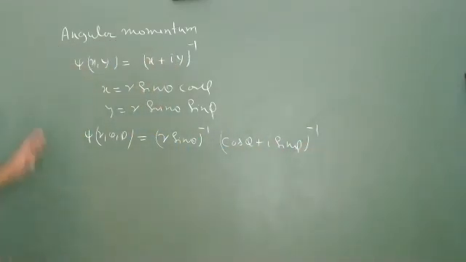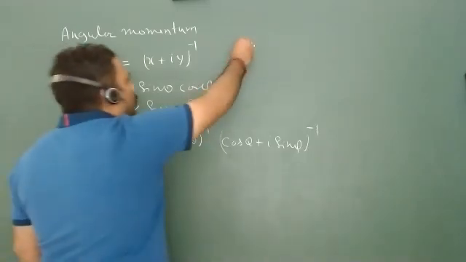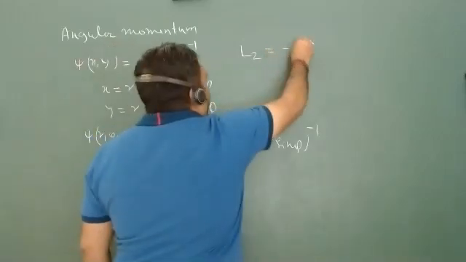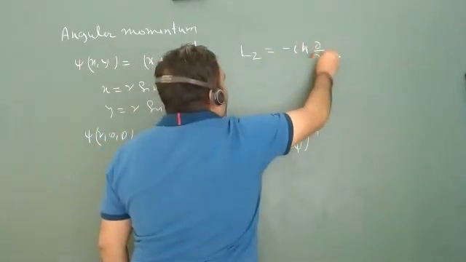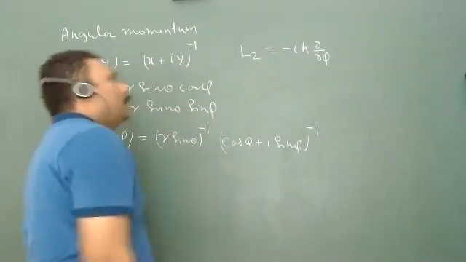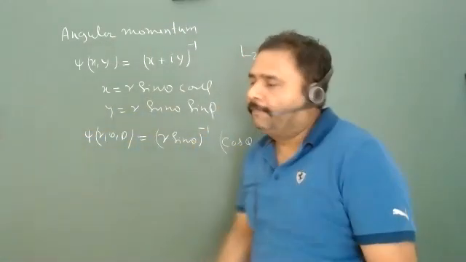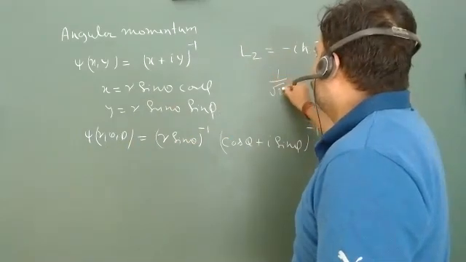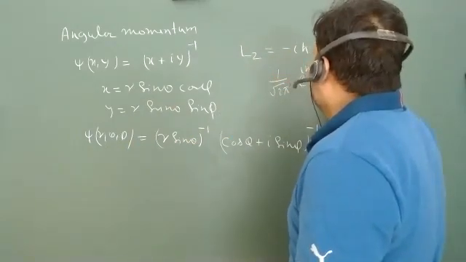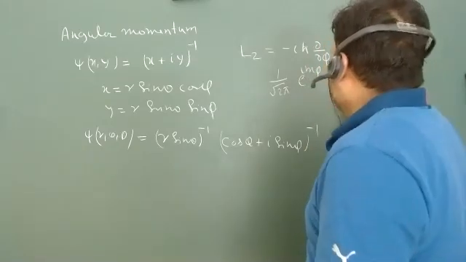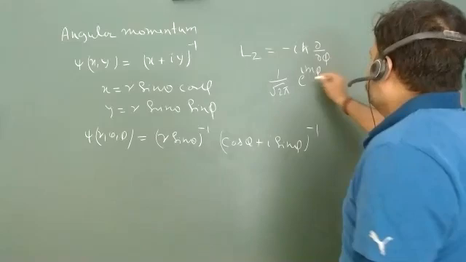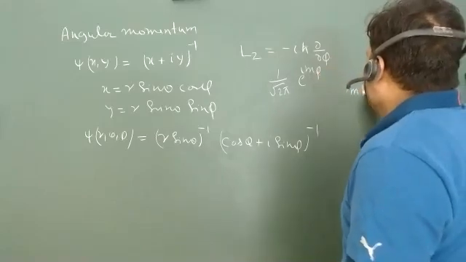Now I am only concerned about Lz, and Lz is nothing but minus i h cut del upon del phi. We know the eigenfunction of Lz is 1 upon root 2 pi e to the power i m phi, and the eigenvalue is m h cut.